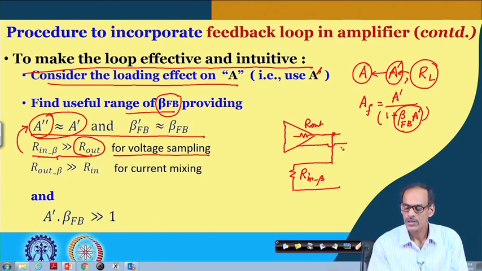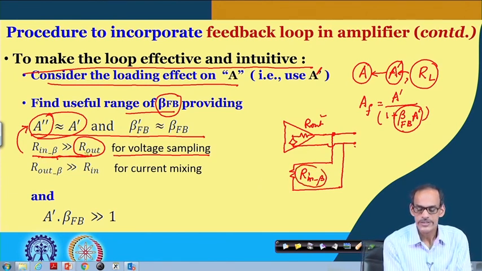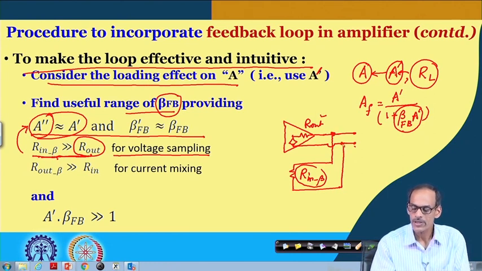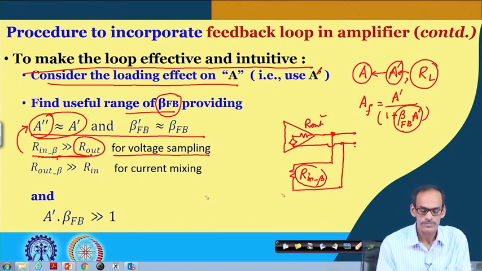If this R in beta is much higher than this resistance, then you can say that the loading effect on the amplifier, or this output voltage, hardly changes even if I consider this R in beta. This is specifically true for voltage sampling, and of course, for current sampling the condition will be the other way.